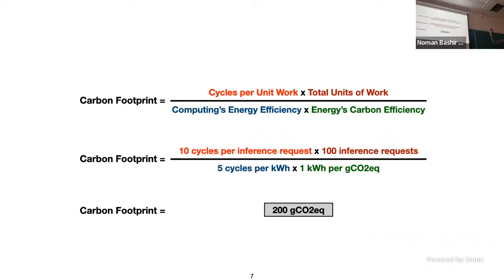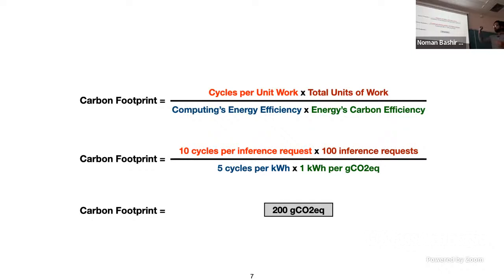So you have cycles per unit of work. This is the amount of CPU cycles or the computation that you do to perform a single unit of work, and you multiply it with how many total units of work you do. If you multiply these two things, you get how many total cycles of computing you are consuming.